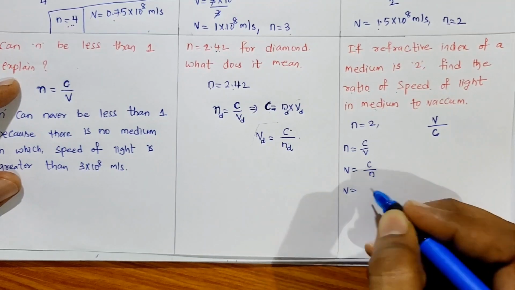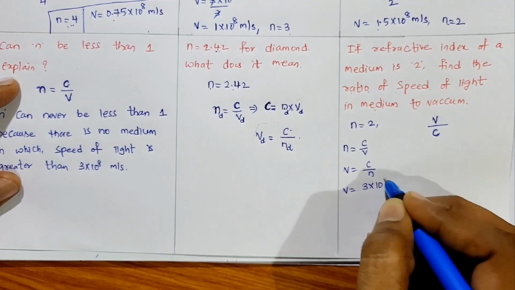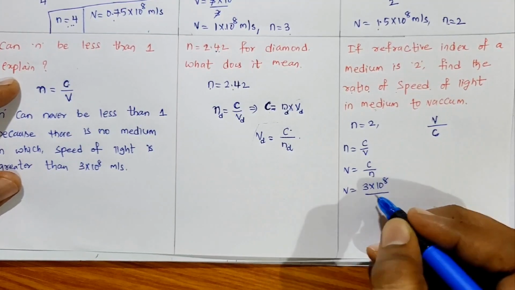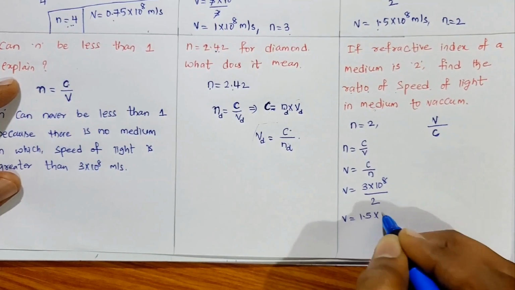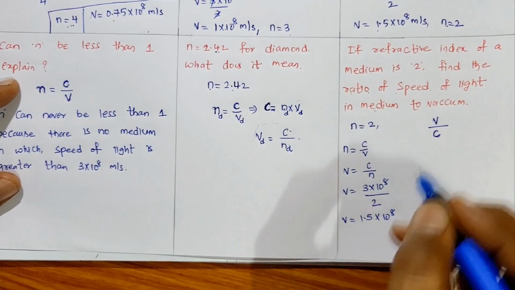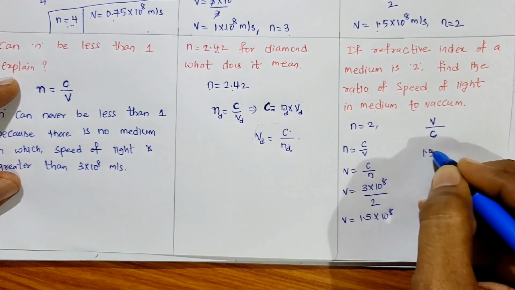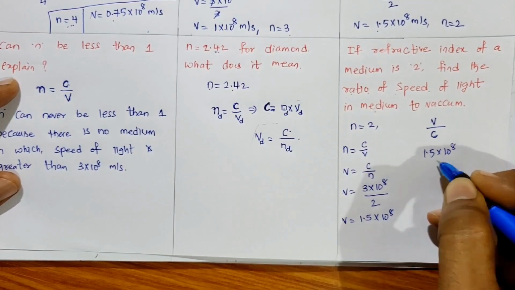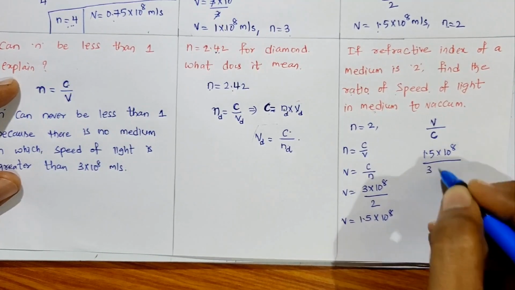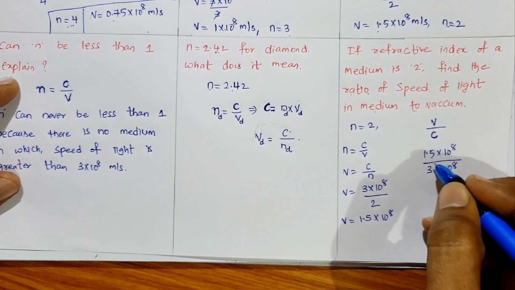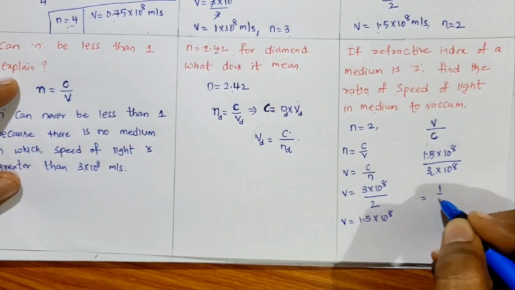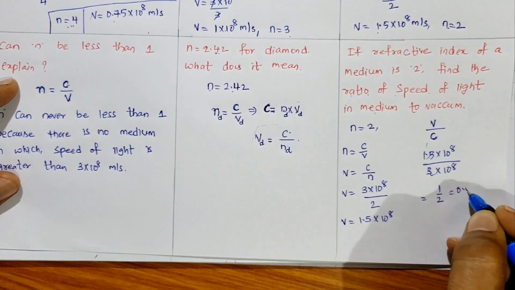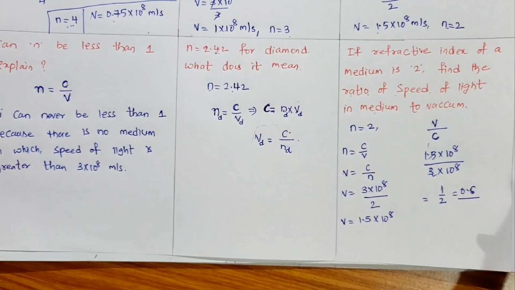C is 3 into 10 power 8, n is 2, so V is equal to 1.5 into 10 power 8. Now V by C is 1.5 into 10 power 8 divided by 3 into 10 power 8, which is 1 by 2, that is equal to 0.5.